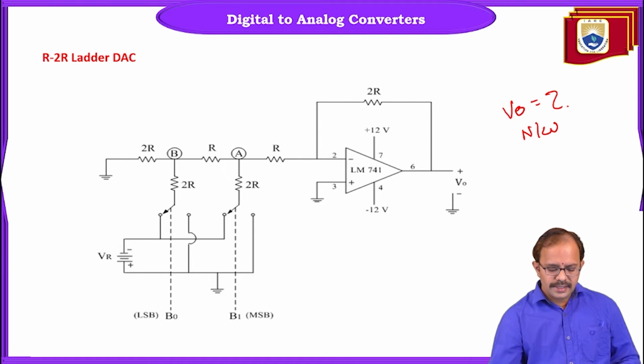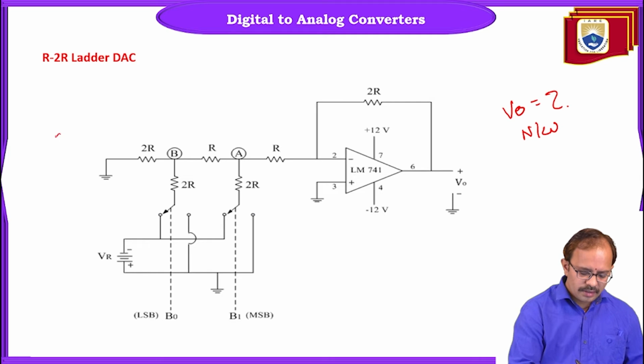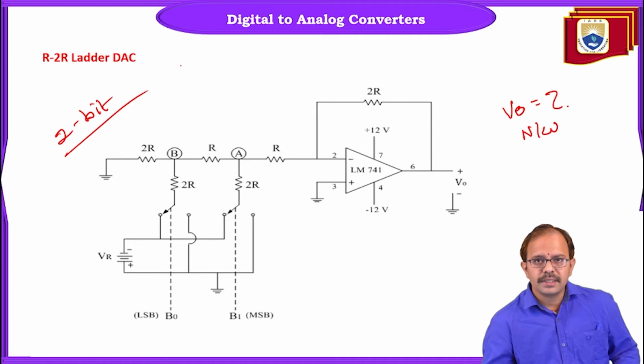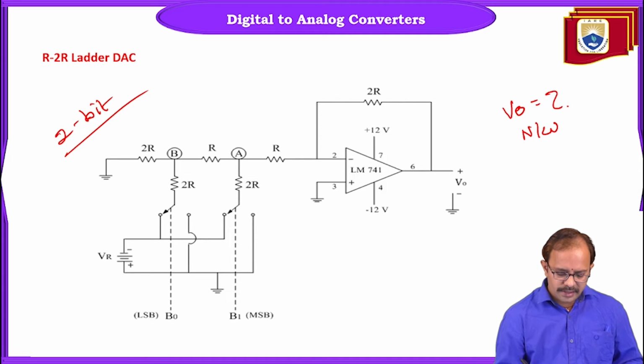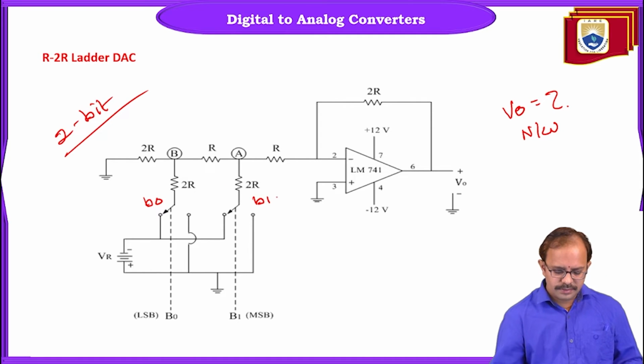So let us consider two nodes as A and B, and this is for 2-bit operation. Let us discuss a 2-bit R2R ladder DAC. The two binary bits are represented by B0 and B1.